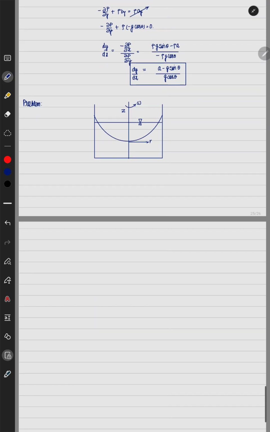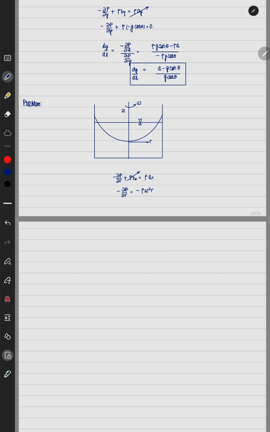Now I have to use the same concept, minus del p by del r for the surface. In r or in z, the pressure is not varying, so minus del p by del r plus rho b r is equal to rho into acceleration in r. Body force in r direction is given by 0. The acceleration in r direction is given by minus omega square r, centripetal acceleration.